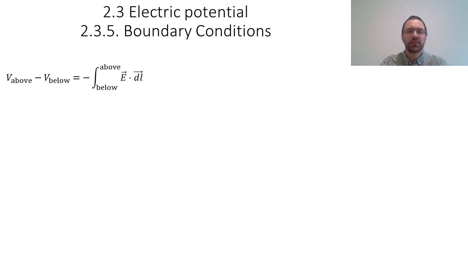Now, if you don't know the electric field discontinuity, but you know the electric potential, then there is another relation. Remember that we introduced the electric potential such that the difference in potential is equal to minus the integral of E dot dl along a path that connects the 2 points. Applying this to points above and below the surface, V above minus V below is equal to minus the integral from below to above of E dot dl.